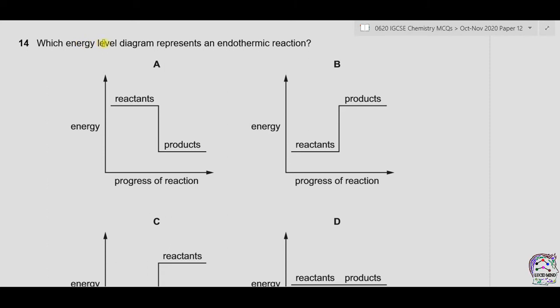Question 14. Which energy level diagram represents an endothermic reaction? Endo means inside and therm means energy or heat energy. So therefore in the endothermic reaction, heat is absorbed by the reactants.